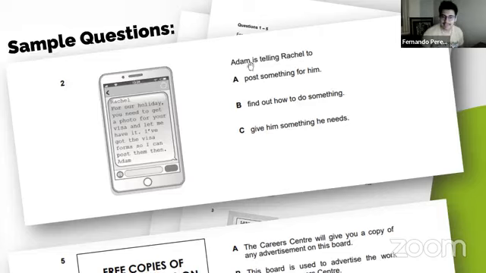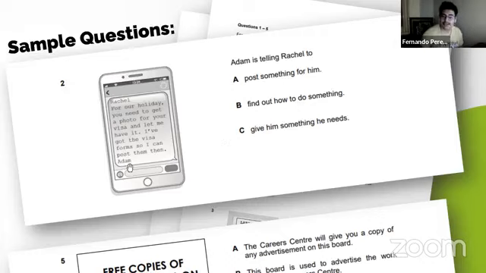In this message, Adam is telling Rachel to letter A, post something for him. Letter B, find out how to do something. Letter C, give him something he needs. According to the structure, it says for our holiday, you need to get a photo for your visa and let me have it. I've got the visa forms so I can post them then.